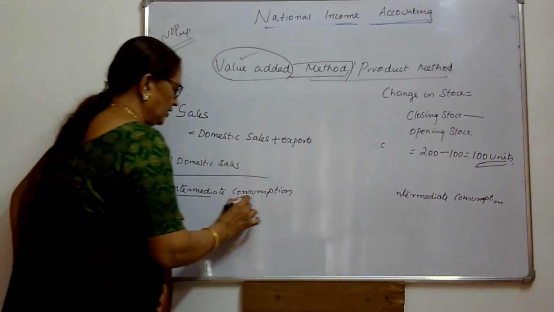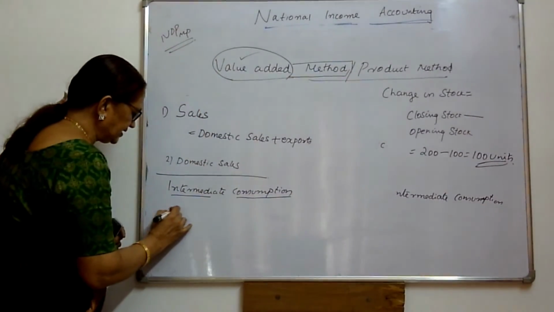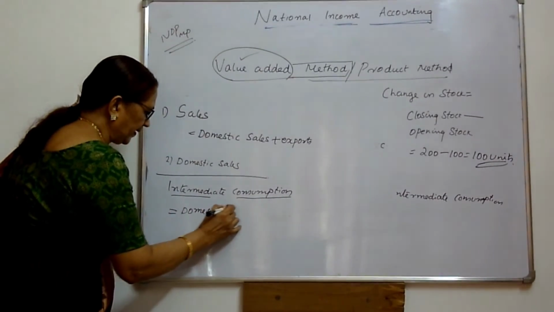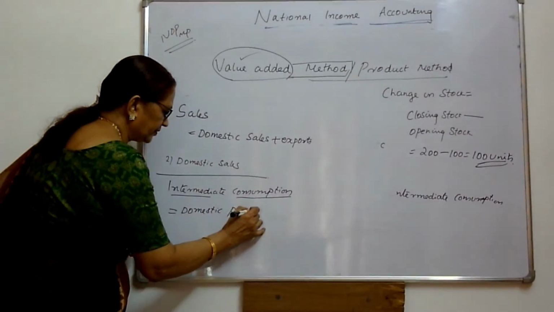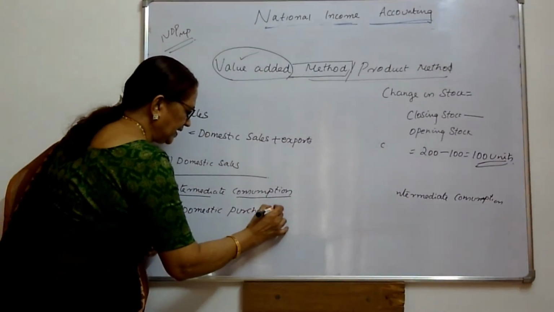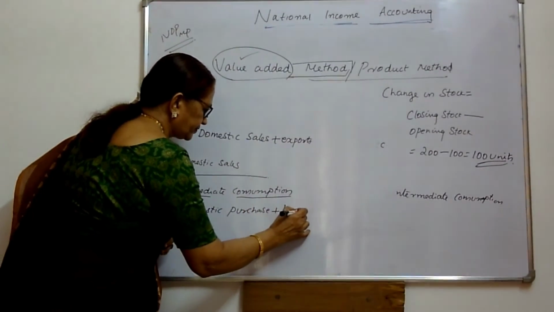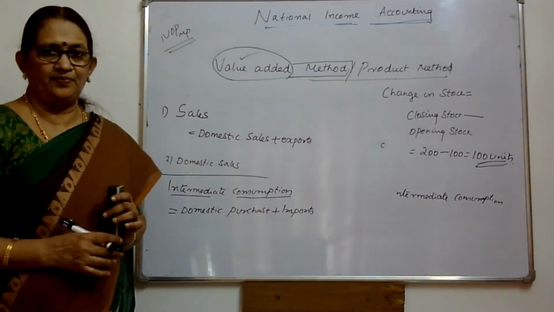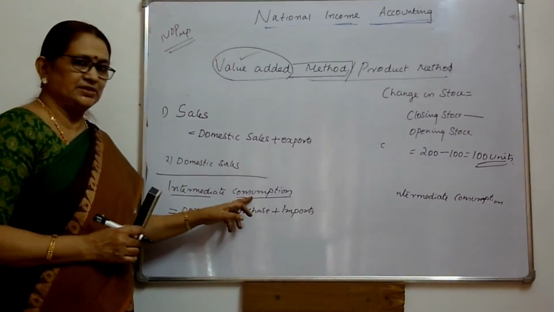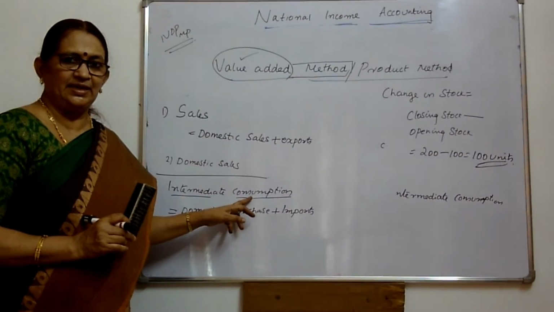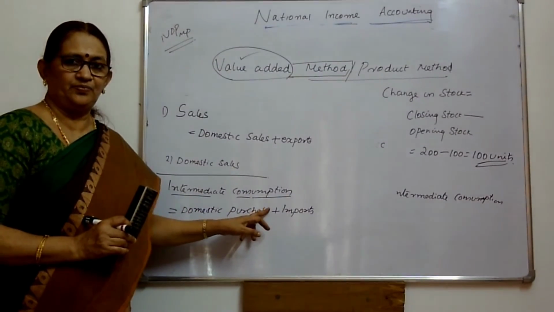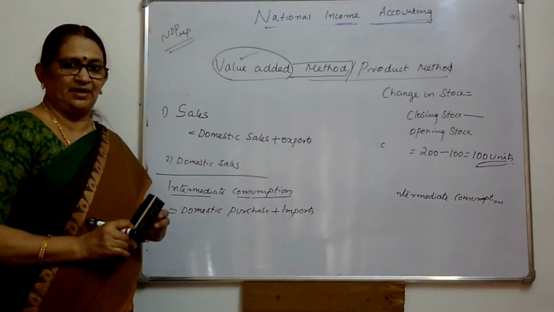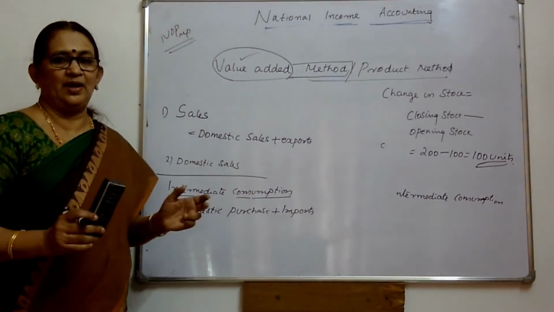Intermediate consumption or intermediate cost is equal to domestic purchase plus imports. Purchase from within the country and abroad. So, if intermediate consumption is given, please understand it includes these two. But if domestic purchase is given, please check whether import is given. Then you have to add both.